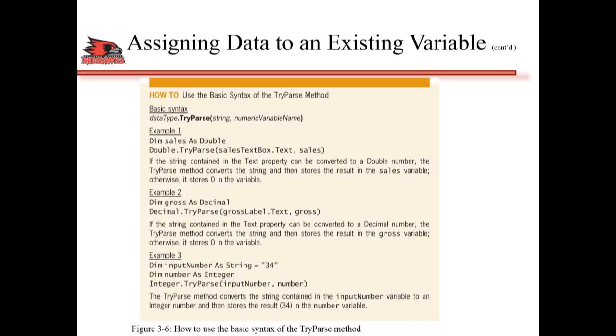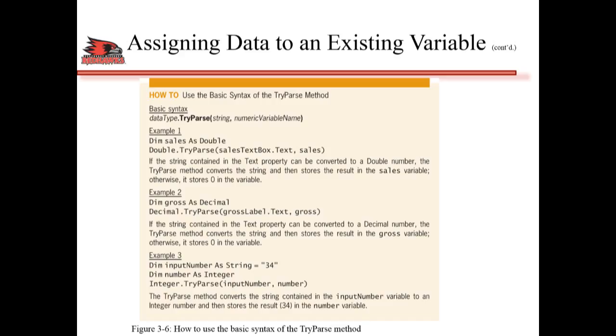As an example, suppose you have a variable called sales, which is a double or a numeric variable, and you want to input into that variable whatever text is entered into the sales text box.